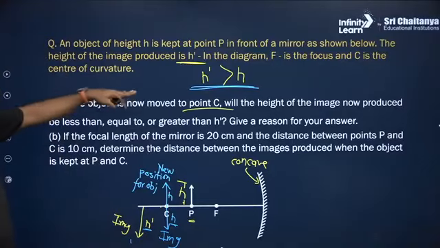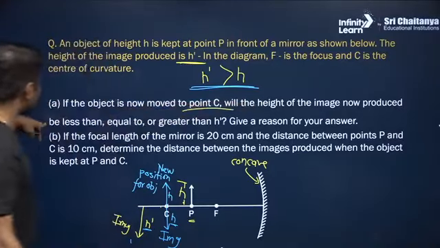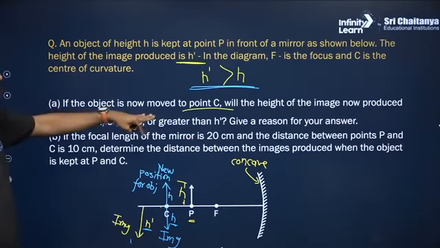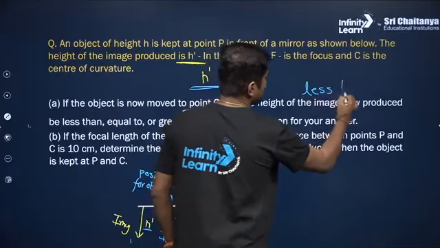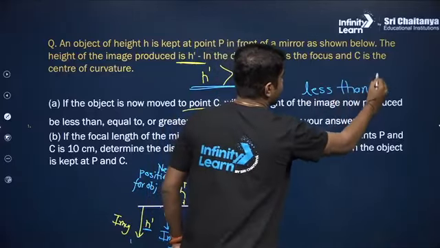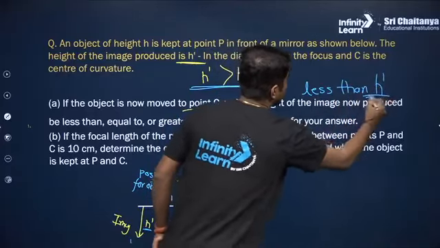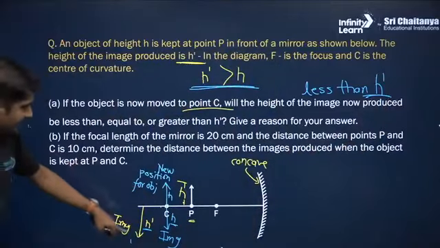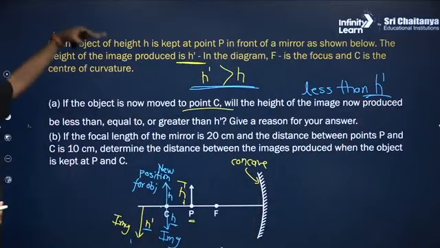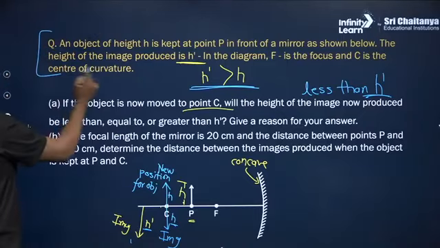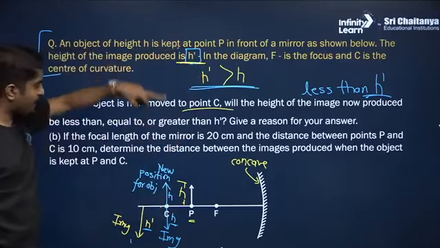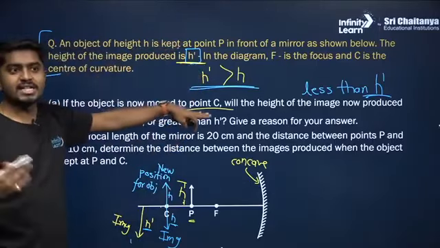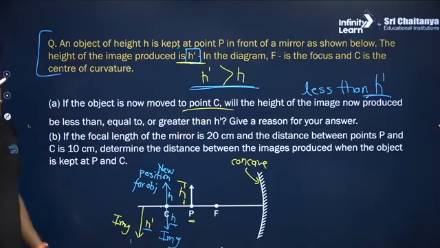So the height of the image now produced would be less than h prime. H prime is the height of the image in the first paragraph. You have to compare this h prime and the h. H is the new height.